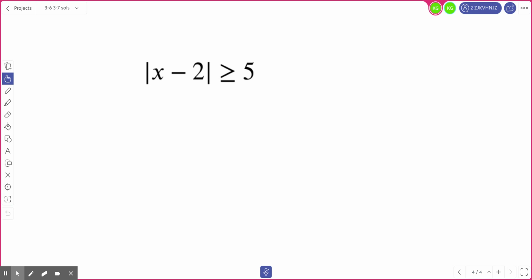Okay, final thing, now we're doing an inequality where we have absolute value. So you have to think carefully about these.